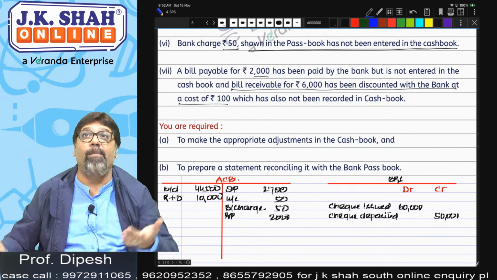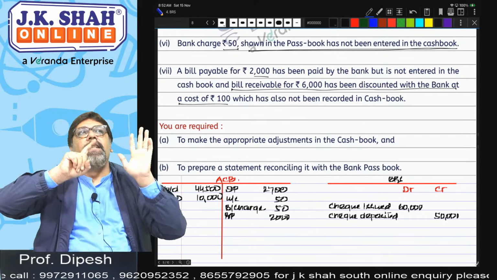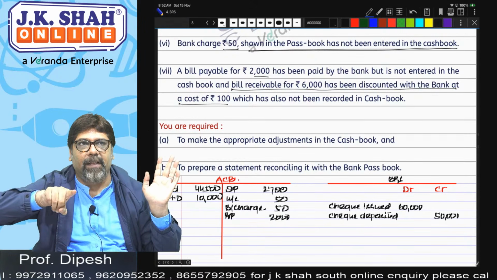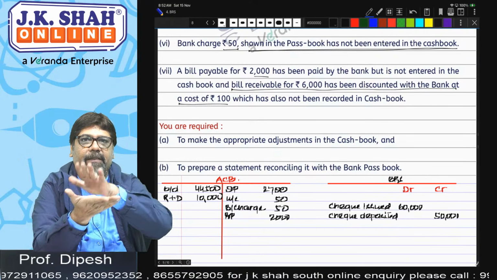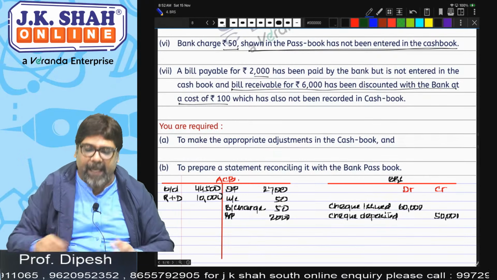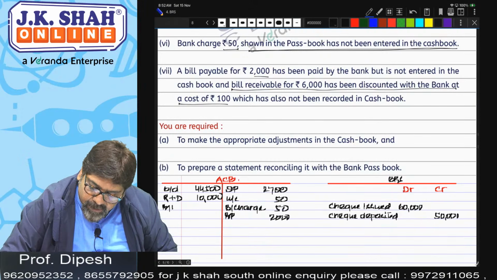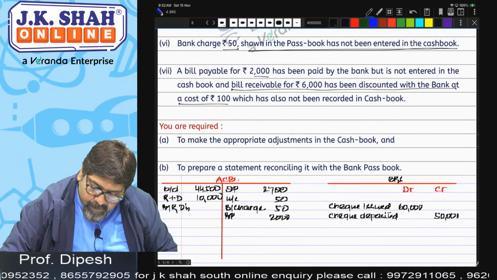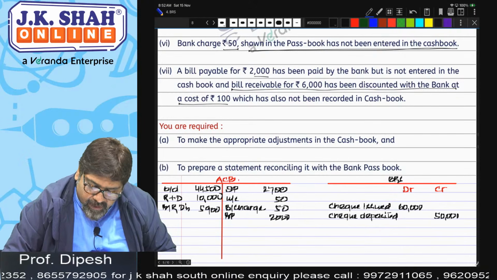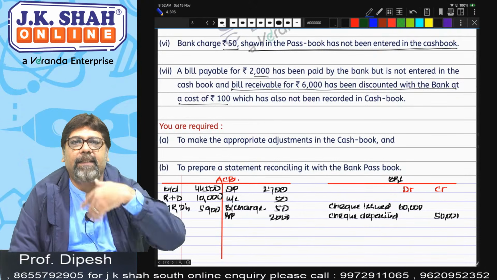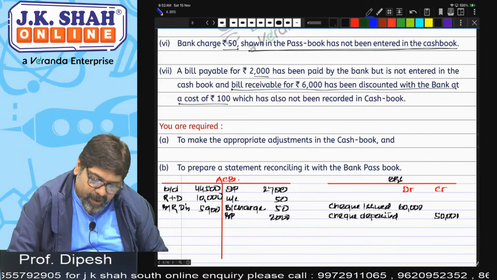That means we got 5,900. So bills receivable discounted, 5,900, not recorded in the cash book. It is received, so it will be recorded on the cash book debit side.